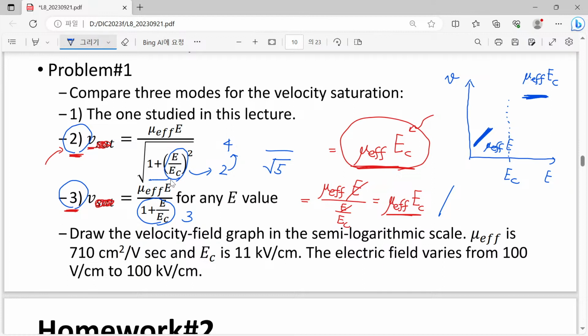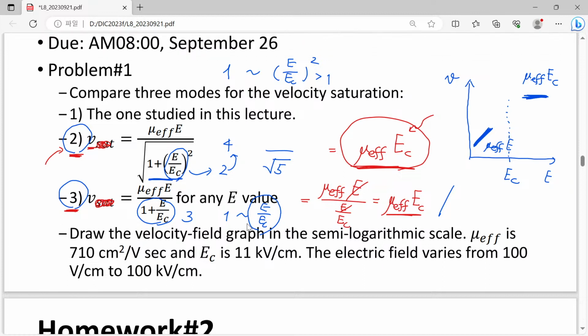In this case, we make a comparison between 1 and E over EC squared. And here we make a comparison between 1 and E over EC. So you can easily understand that when we increase electric field over 1, this squared ratio is increasing much more sensitively, rapidly, compared to this linear term.